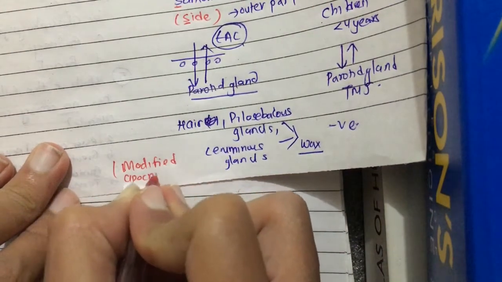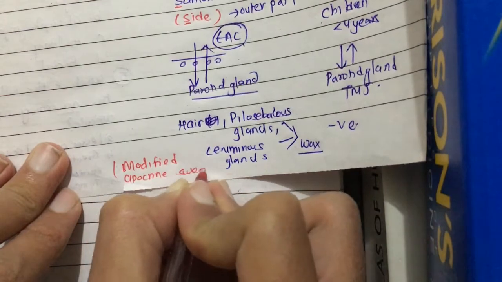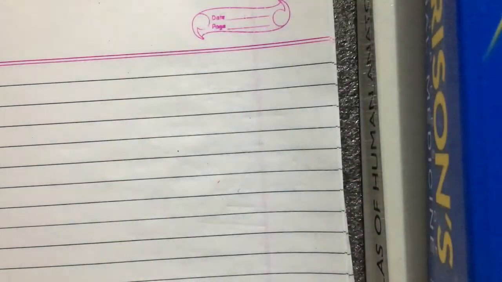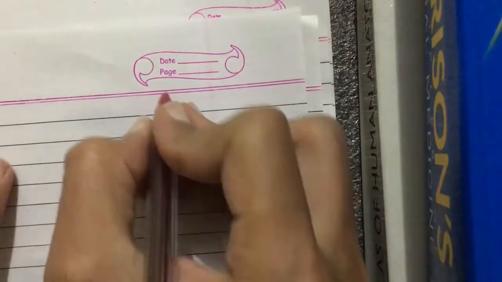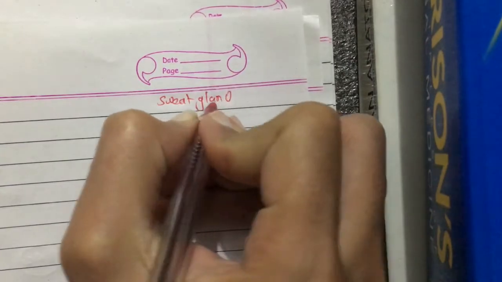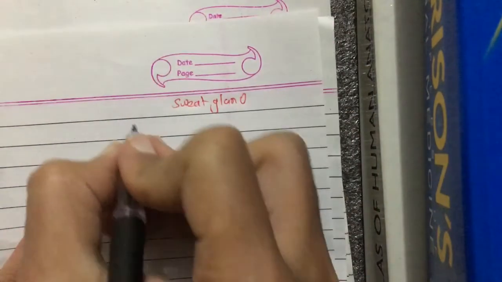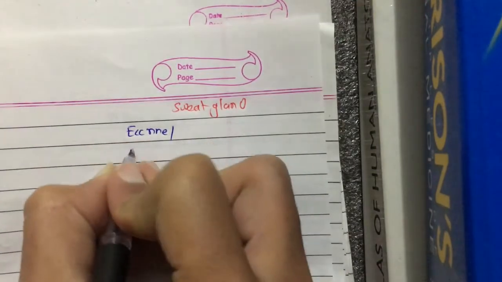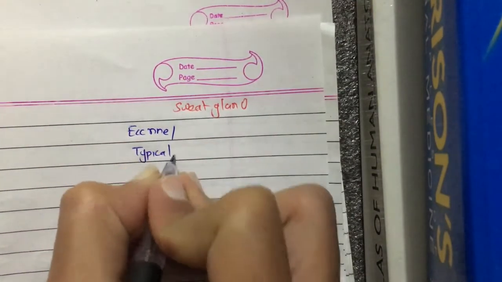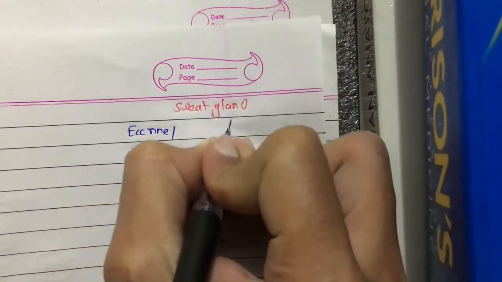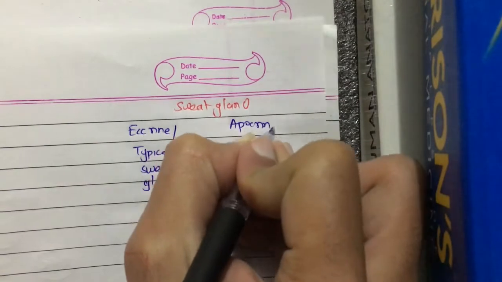The ceruminous gland is a modified apocrine sweat gland. In our body, the sweat glands are of two types. One is eccrine, the typical sweat glands, and the other is apocrine, the atypical sweat glands.